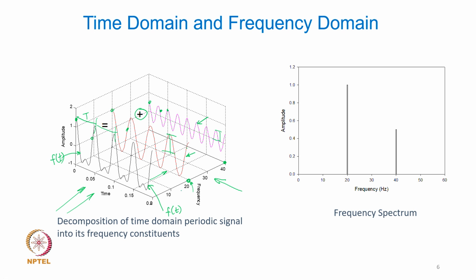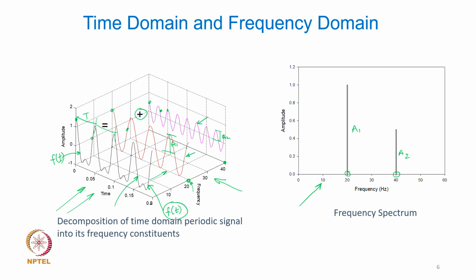If I look at this decomposed signal, the first constituent and the second constituent with their individual amplitudes, A1 and A2, would appear as two distinct frequency components in the frequency domain signal. So, this spectrum, or frequency domain signal, is a frequency domain representation of the original f of t, the time domain function.